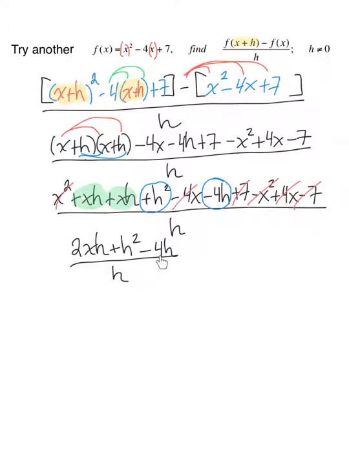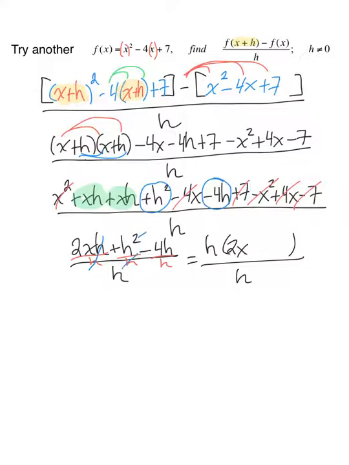Notice that each of these terms has an h in common that I can factor out as a greatest common factor. So I'm going to factor an h out in front, all over h. So if I divide each of these by h, we're going to write what we have left. So here the h's cancel, and we're left with a 2x.